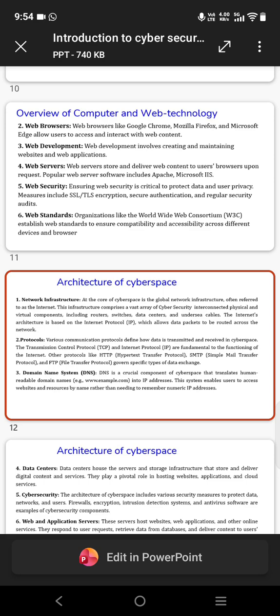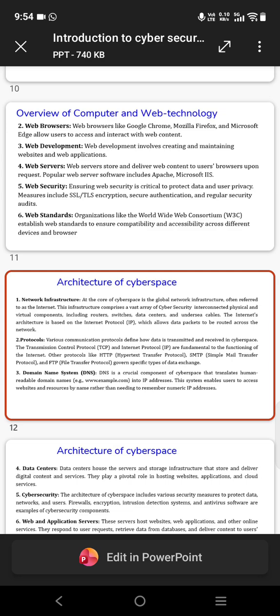So, finally, you all know now the architecture of cyberspace. It comprises many important components, which we have already seen: network infrastructure, protocols, domain name system, data centers, cybersecurity, web and application servers, user devices, cloud computing, social media and online communities, Internet of Things, regulations and governance.